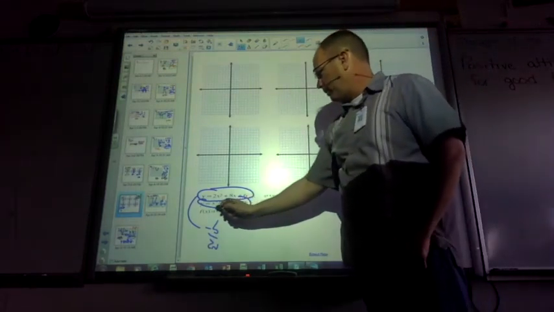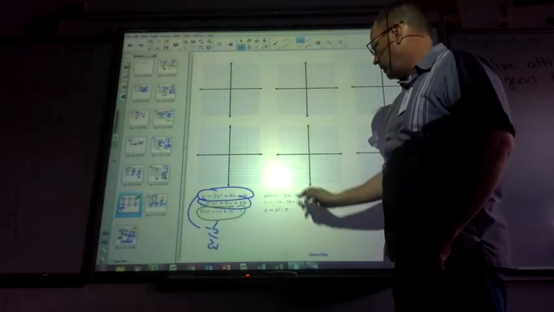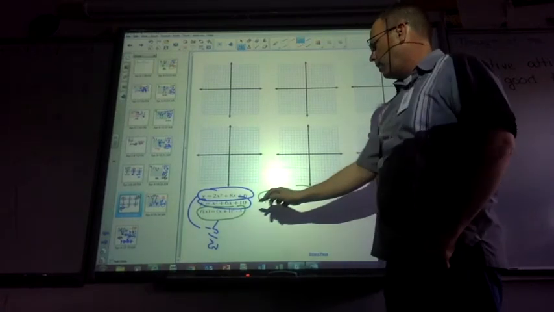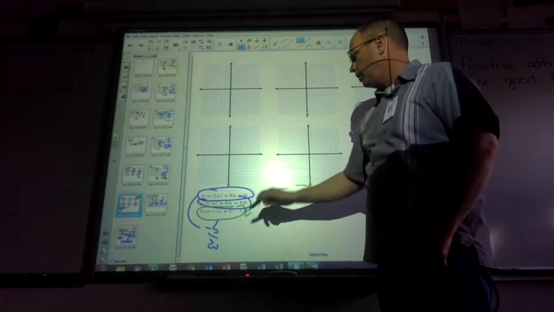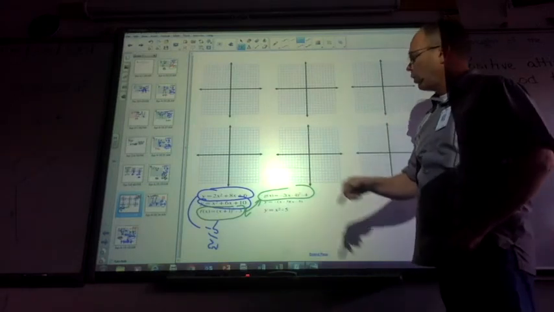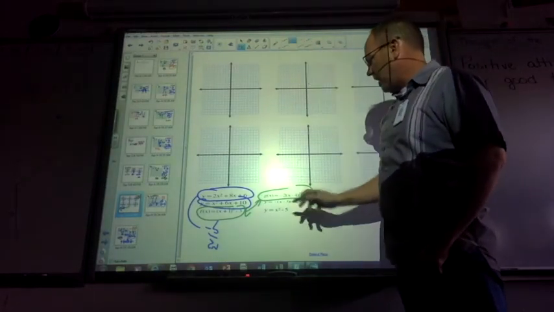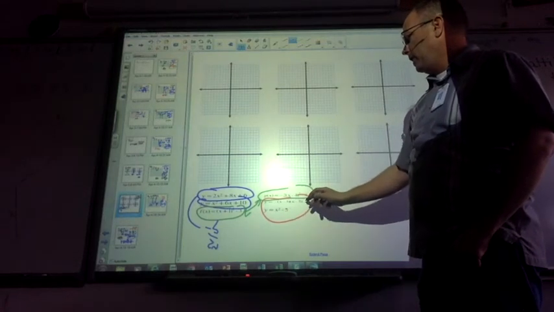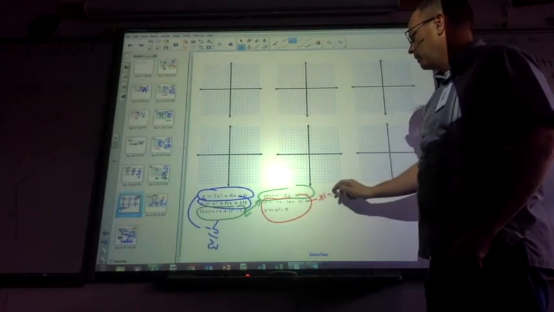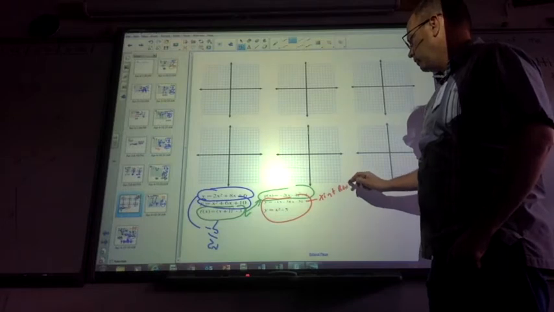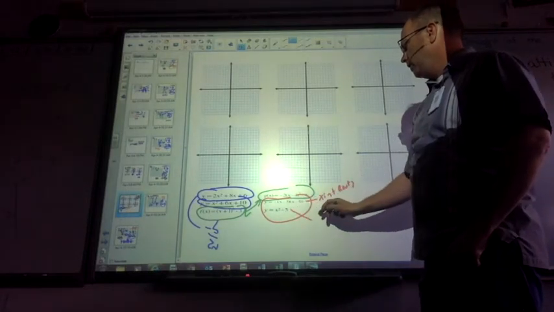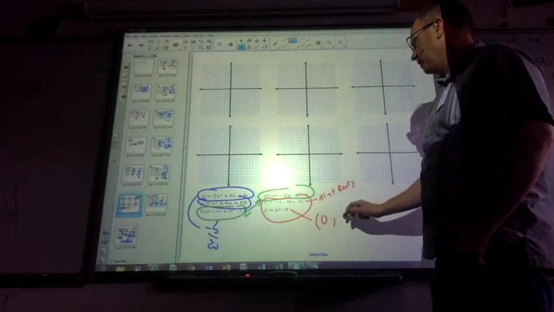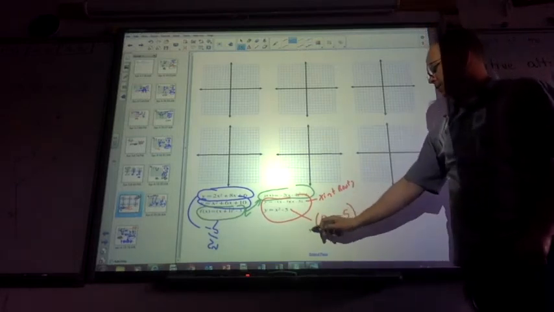This one and this one, they're both set up already nice and neat for us to graph them because they're in vertex form. And then these last two, well, this one, you already know what the x-intercepts are, so the roots. This one, you know your vertex has to exist at 0, negative 5.